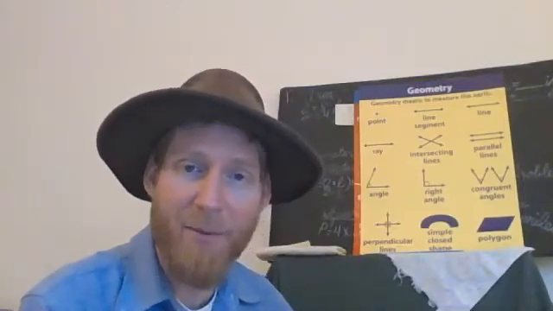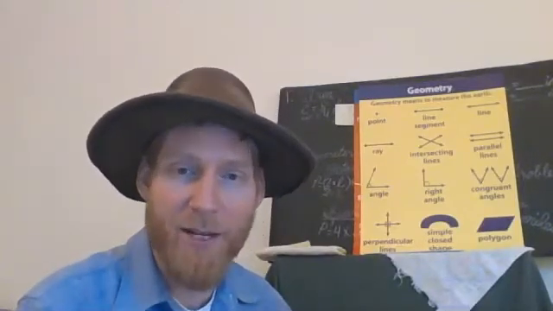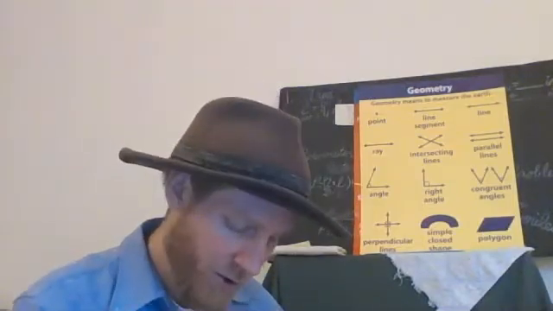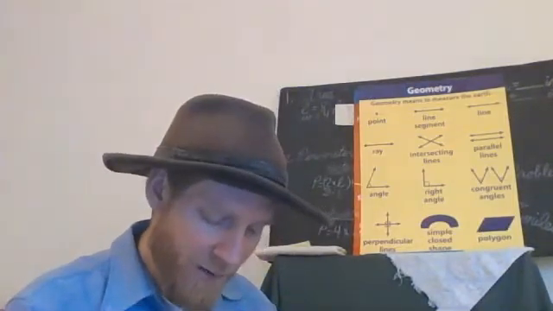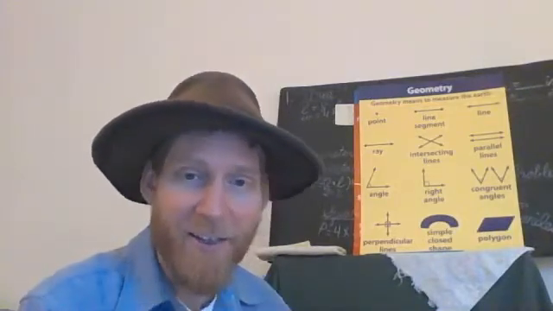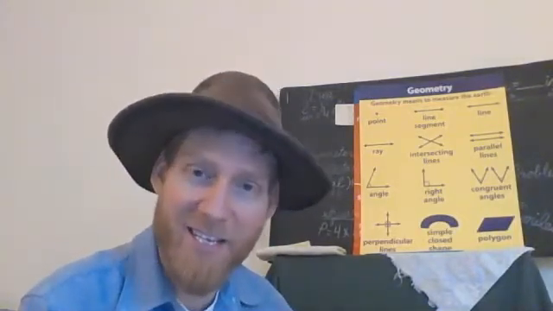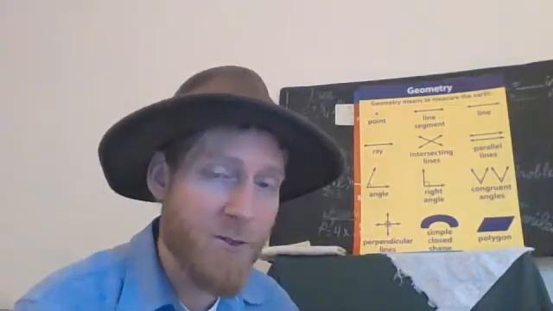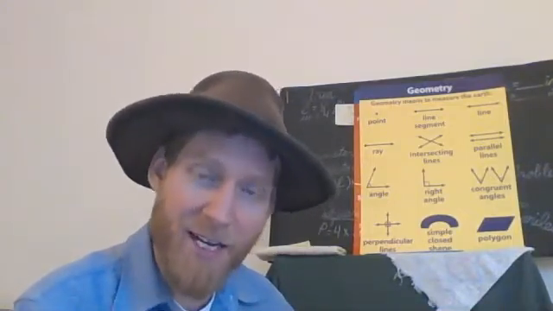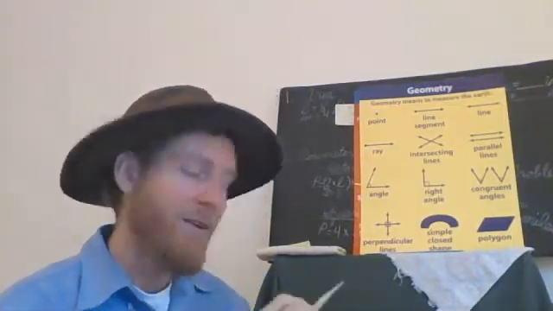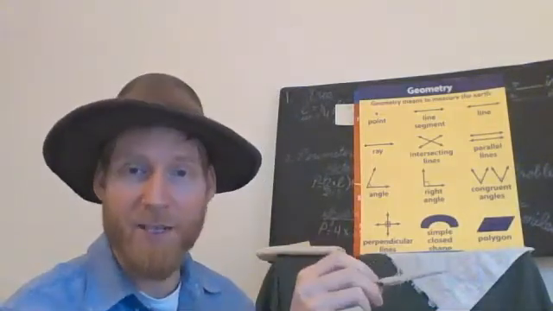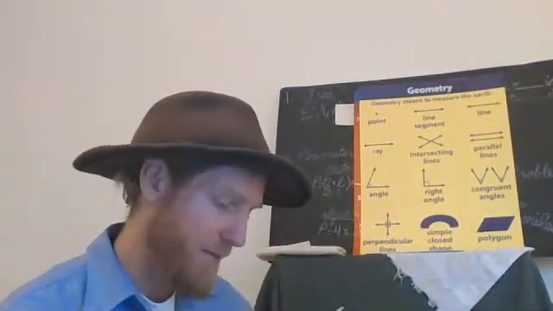Just add up 2 times the width plus 2 times the length. Or you could just add up all the sides. If there's 95 feet on one side and 87 feet on the other side, there's going to be 2 95s and 2 87s, right? So 95 plus 95 plus 87 plus 87, or 2 times 95 plus 2 times 87, and then put feet, and write the word perimeter with that one.